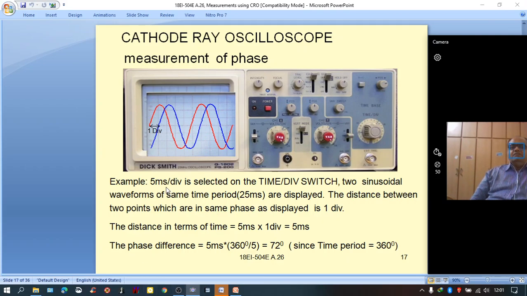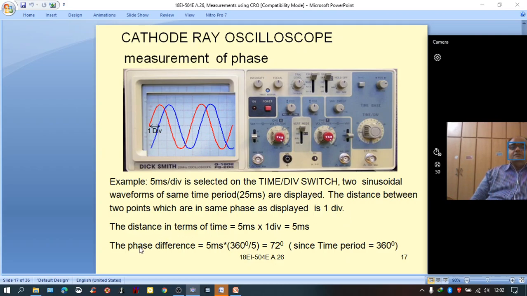So here 5 milliseconds per division is selected on the time per division switch. Two sinusoidal waveforms of same time period, that is 25 milliseconds, are displayed. The distance between the 2 points which are in the same phase as displayed is given as 1 division.